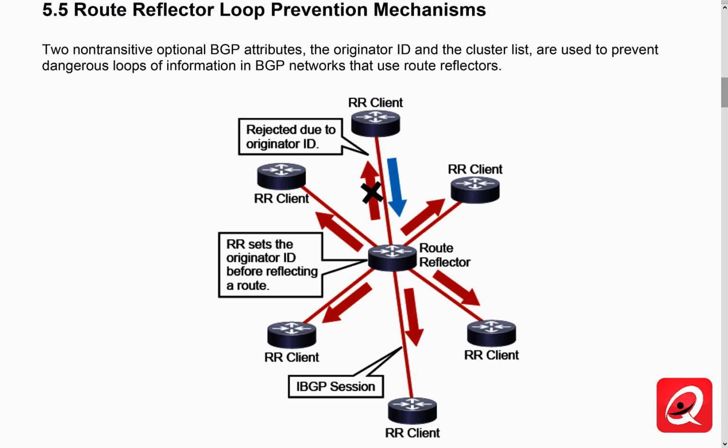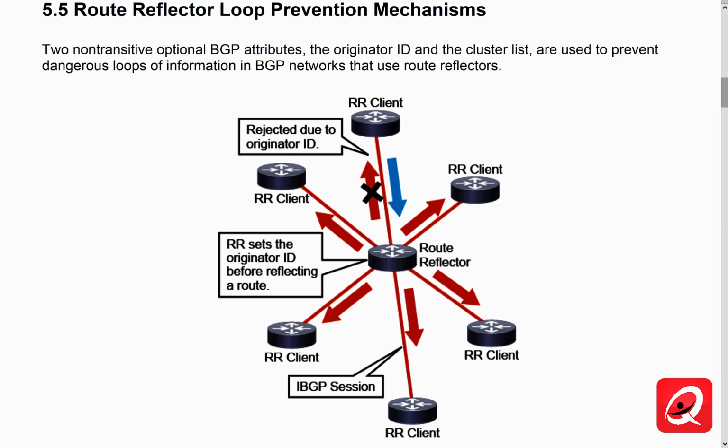But the originator ID is a non-transitive optional BGP attribute set to the router ID of the peer that it received the route from. Okay? Any router that receives a route with its own router ID in the originator ID suppresses that information. It basically silently ignores that information.